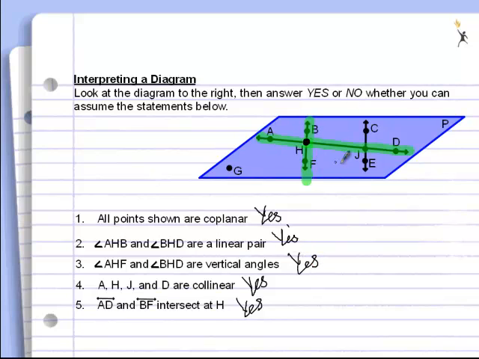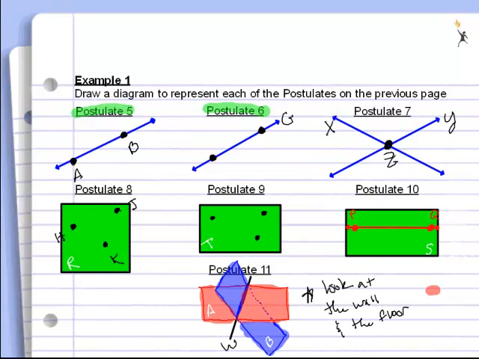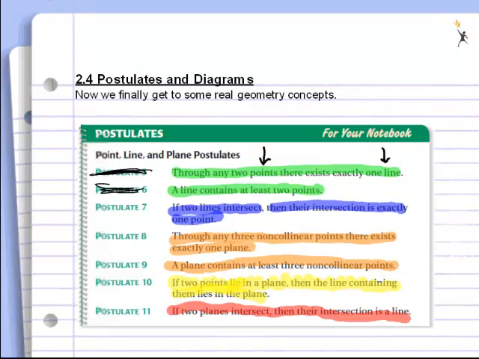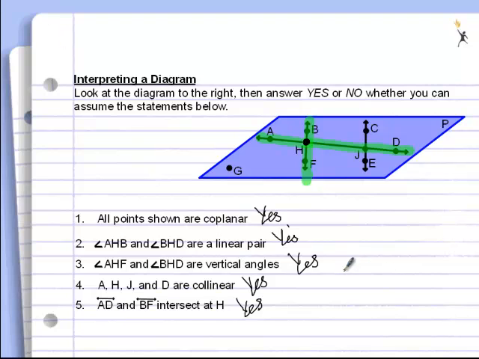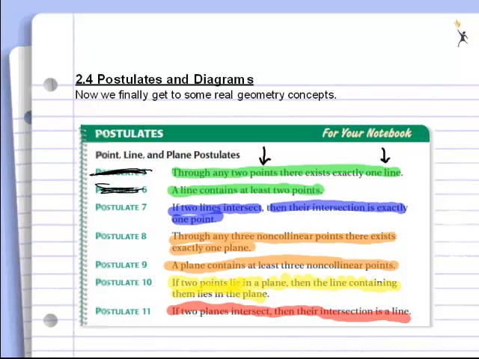That is an example of taking those postulates and being able to identify them in a drawing or proving them. Okay? We used Postulate 7 here to prove that AD and BF intersect at H. We proved that A, H, J, D are collinear by saying that a line contains at least 2 points.